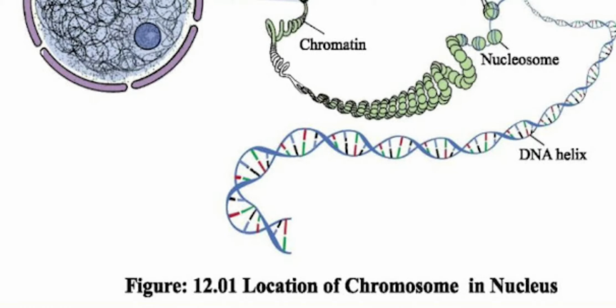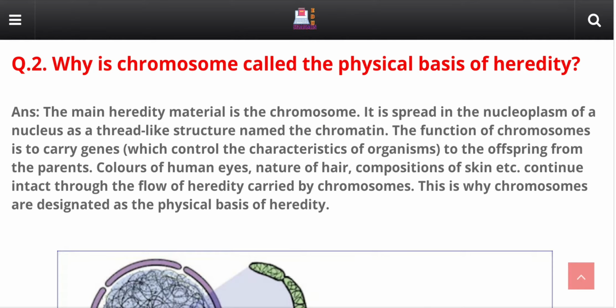Why is chromosome called the physical basis of heredity? The main hereditary material is the chromosome. It is spread in the nucleoplasm of a nucleus as a thread-like structure named chromatin. The function of chromosome is to carry genes, which control the characteristics of organisms.